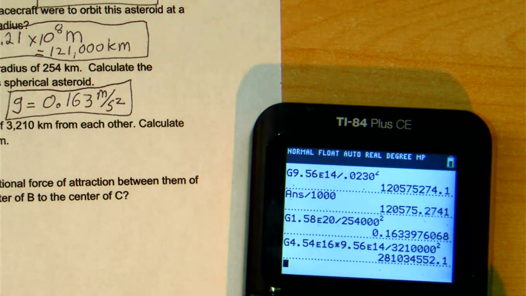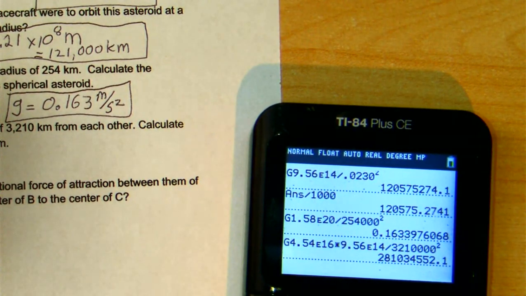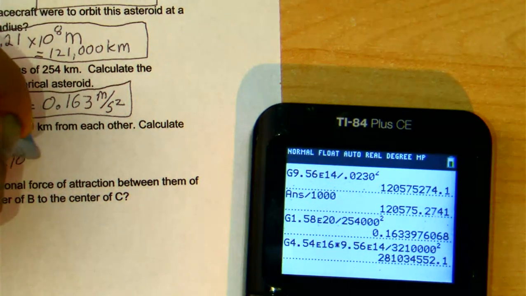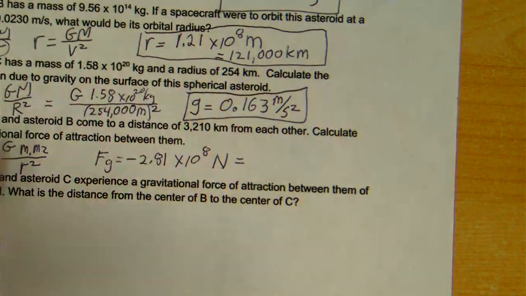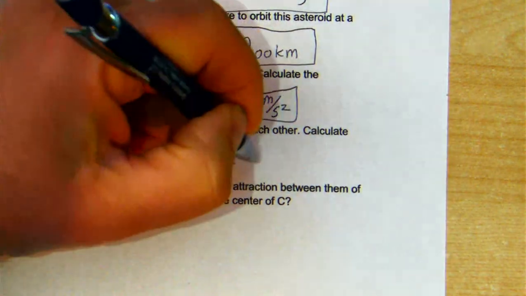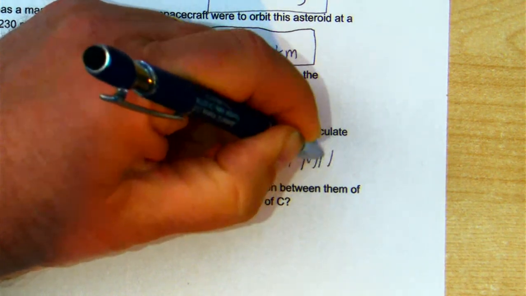The gravitational force of attraction between them is negative because it's attractive. 2.81 times 10 to the 8th power newtons. If I wanted to use a Greek prefix to express that, I would choose a multiple of 3, such as 10 to the 6th power, move the decimal point 2 places to the right, and say attractive 281 mega newtons.